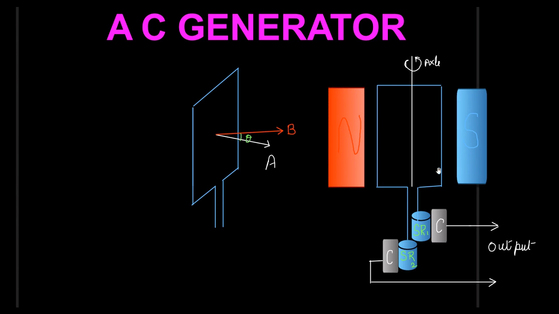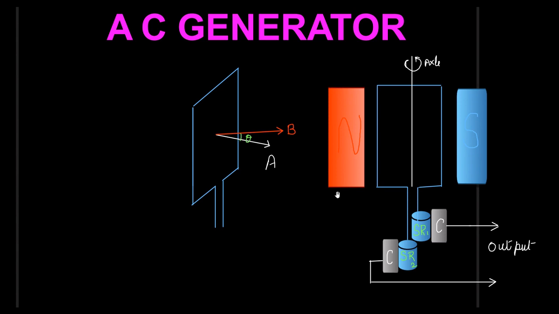Accordingly, EMF is induced across the two ends of the coil, which is connected to the slip rings SR1 and SR2. The slip rings are in contact with carbon brushes, from where the generated induced EMF or induced current is taken out to the external circuit.